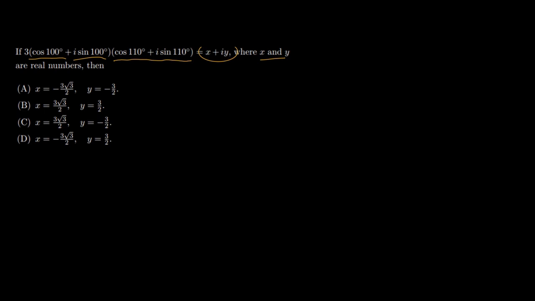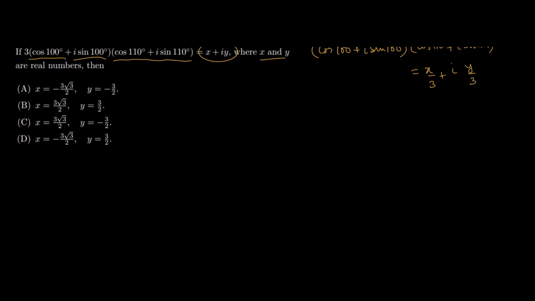So we can write this as (cos of 100 plus i sin 100) multiplied by (cos 110 plus i sin 110) is equal to x by 3 plus i into y by 3.